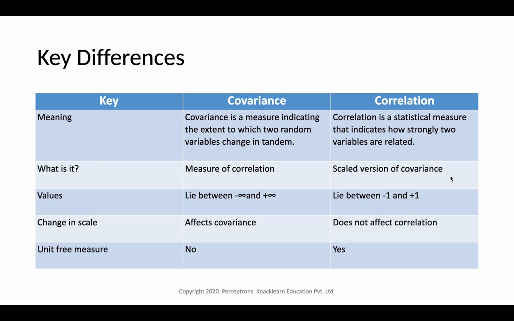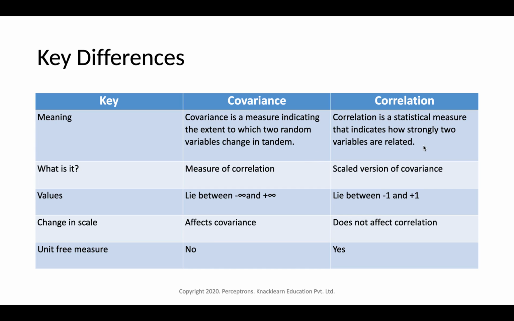Now, what is the key difference between correlation and covariance? First, meaning-wise, covariance is a measure indicating the extent to which two random variables change in tandem. It just tells how two random variables are changing and to what extent they are changing.